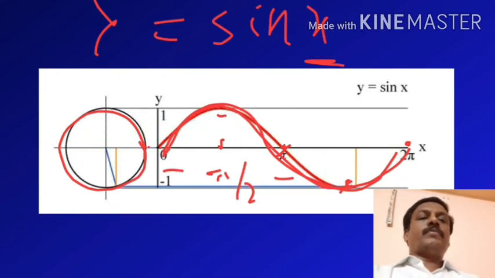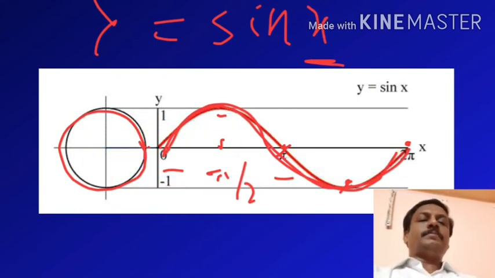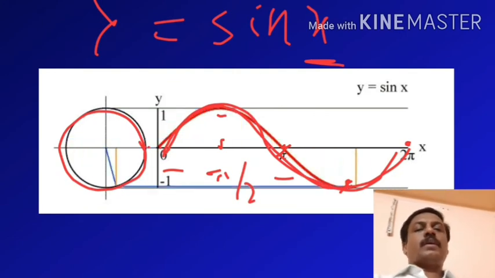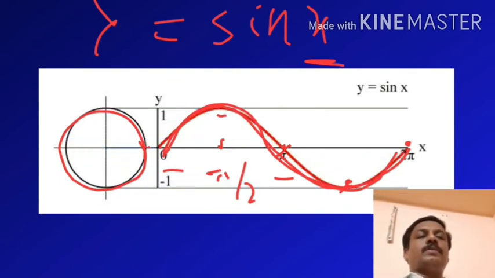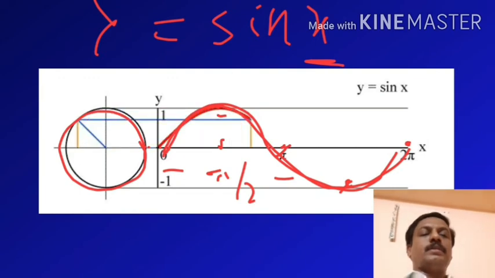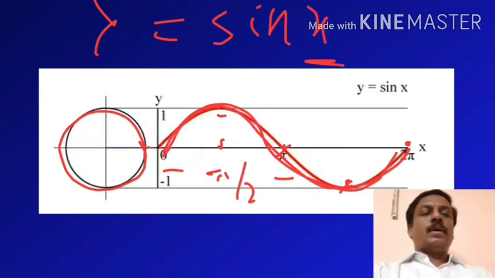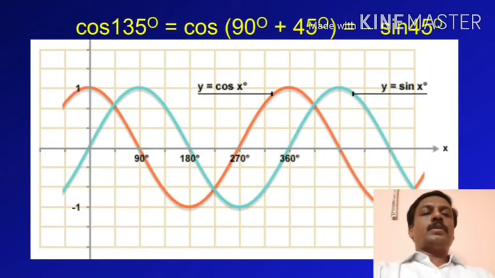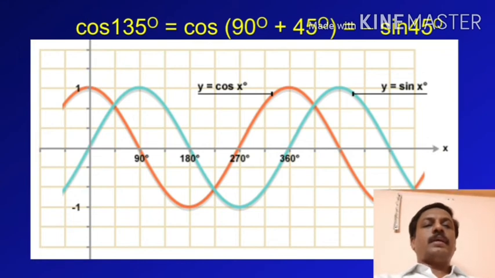So a particle moving in a circular path executes the sine function. This is a very important concept. We will learn this in PUC, in the oscillations chapter. Okay, so let us move to the next slide.